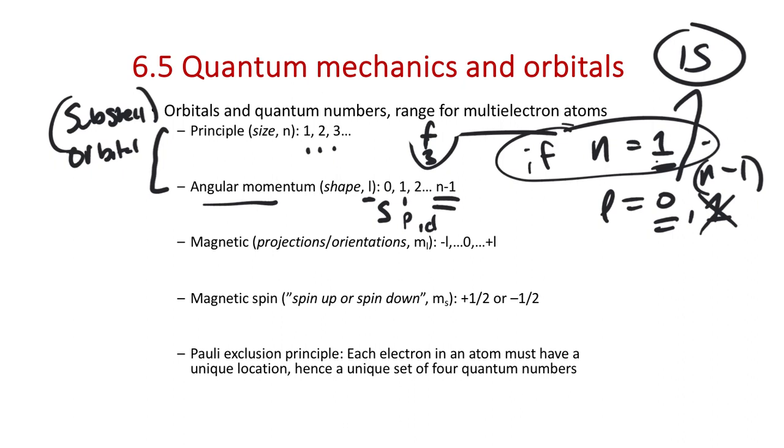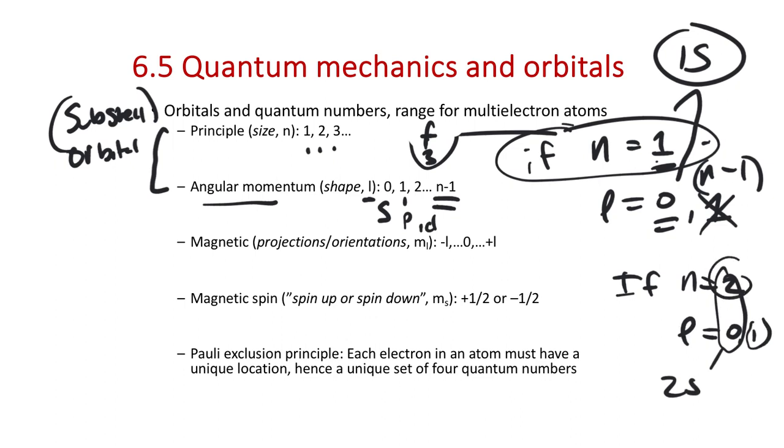So we have the 1s subshell. If we had a different electron where n was 2, the L value for that electron could then be 0 or 1. The n=2, L=0 combination would be the 2s. And then the n=2, L=1 combination would be the 2p subshell. So we have the 2s subshell and then the 2p subshell.